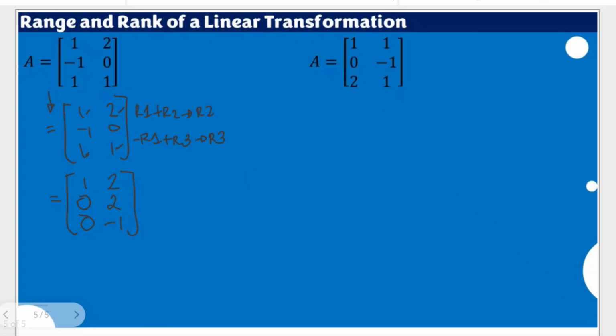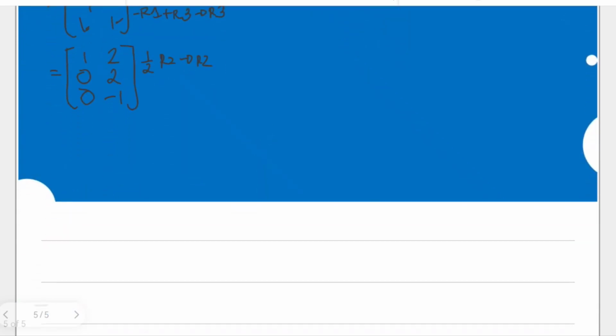Since the first column is already okay, our goal next is to make this a leading one by multiplying 1/2 to row 2. So we'll have this form now, 1, 2, 0. The 2 becomes 1. This is 0, -1.